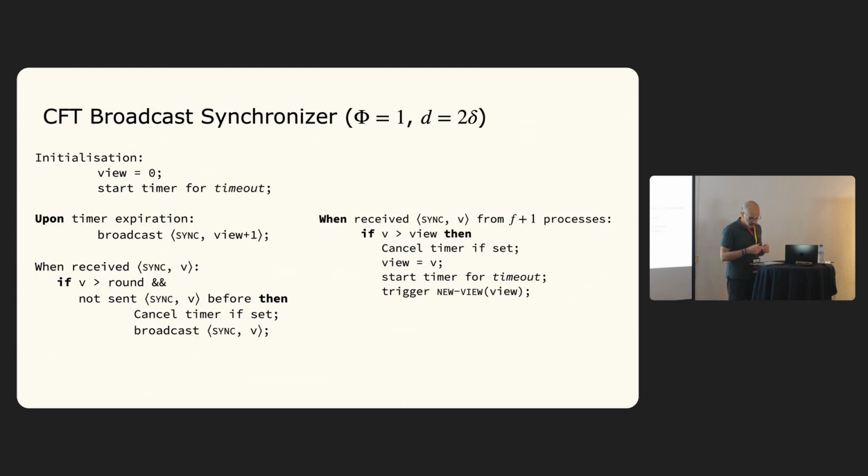Yeah, so essentially, as I mentioned before, to build a view synchronizer for a crash fault-tolerant partially synchronous system, we can just reuse the broadcast synchronizer that we discussed before. So here's the full code, but I essentially just replaced rounds with views.